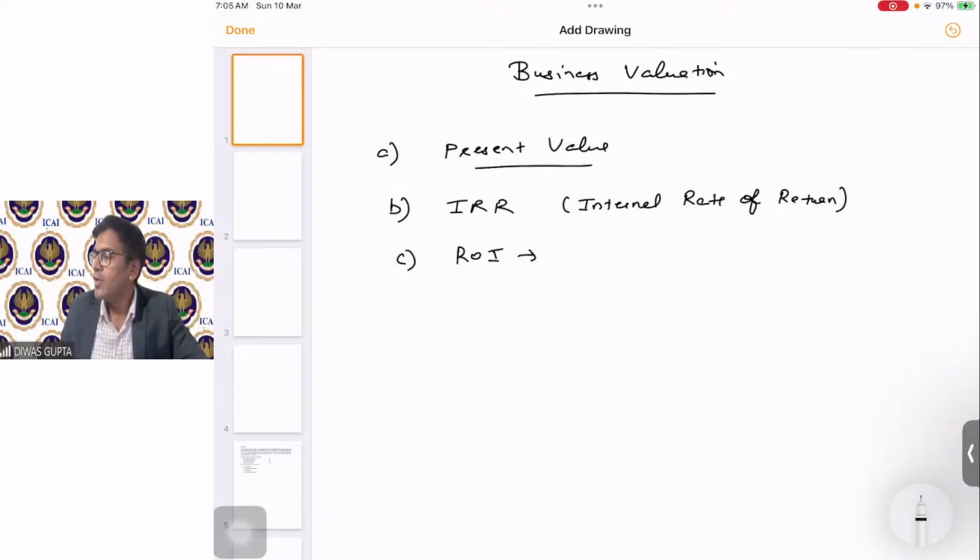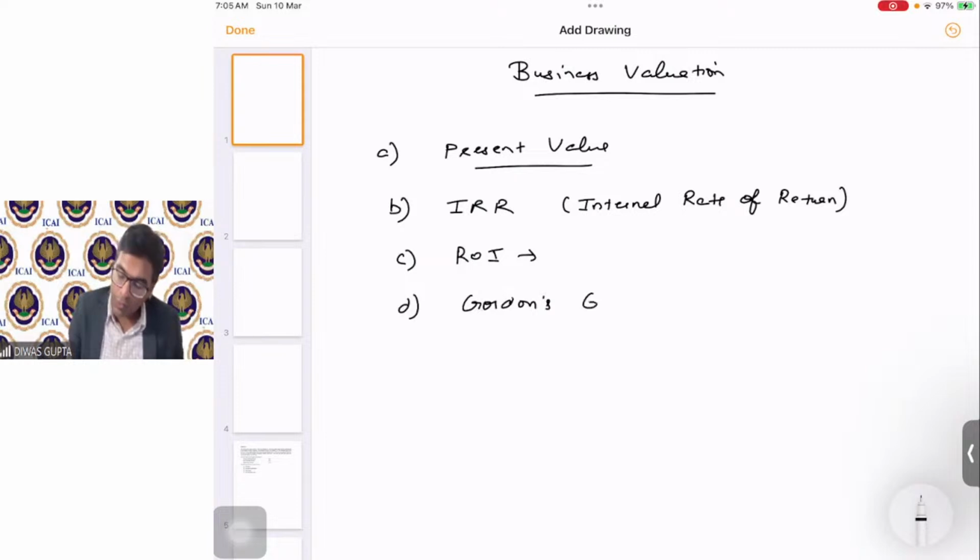Then we also discussed in our CA Inter the Gordon model in dividend decision, students. You would all recall there was a discussion on Gordon's model. That was also called Gordon's growth model, in which we said that perpetually there will be a growth.